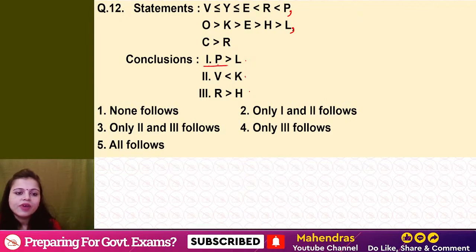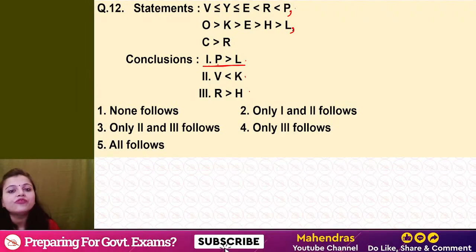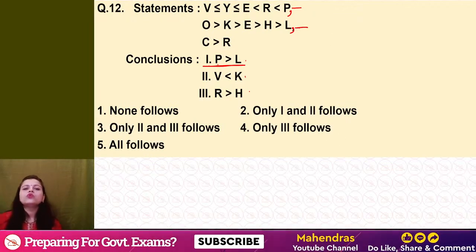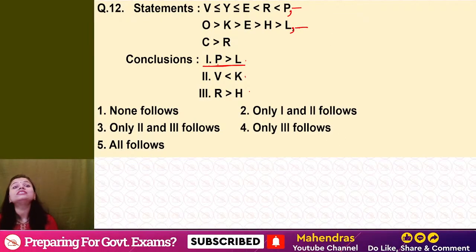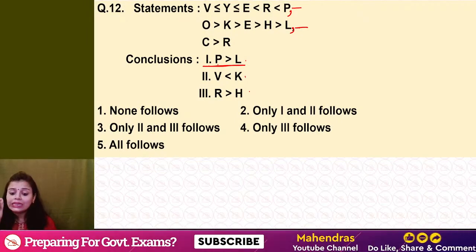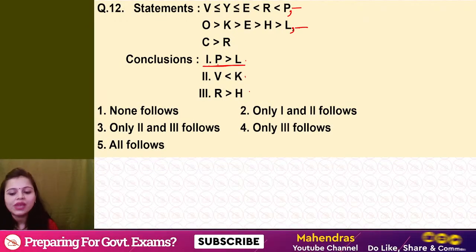See, in conclusion one, they're talking about P and L. P is present in the first statement and L is present in the second statement. So no need to join all the statements completely. Just find out the common element in these two statements.